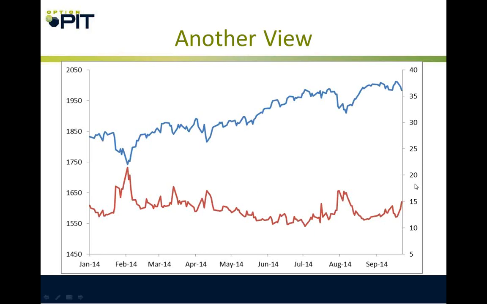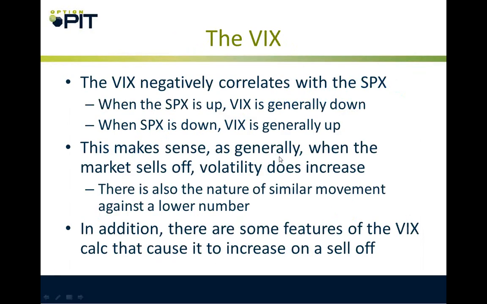And you can see how well the two move against each other. So the VIX negatively correlates with the SPX. When SPX is up, VIX is generally down. When SPX is down, VIX is generally up. This makes sense, as generally when the market sells off, volatility does increase.